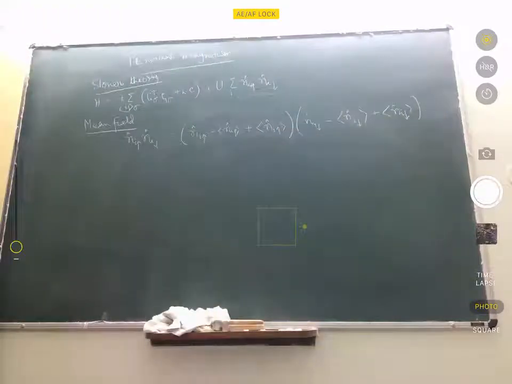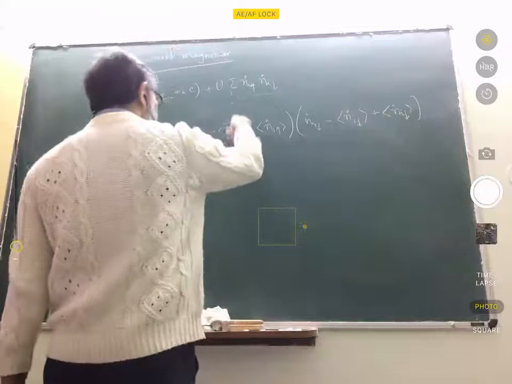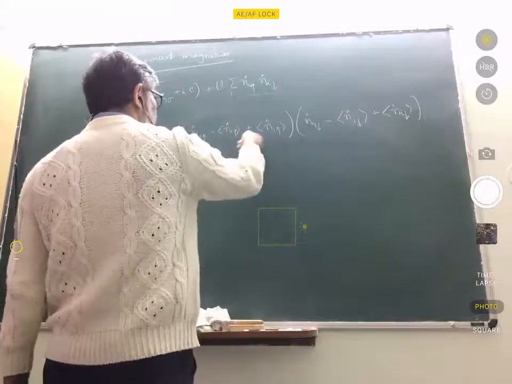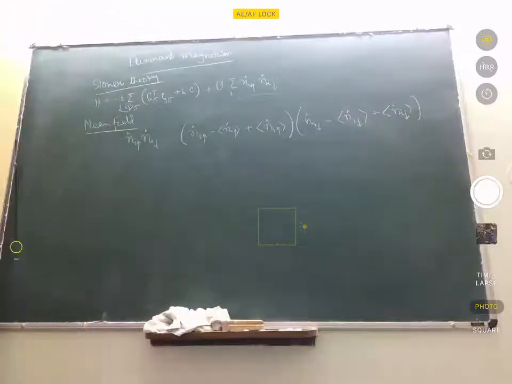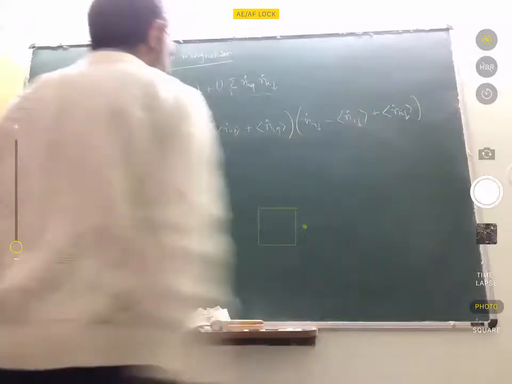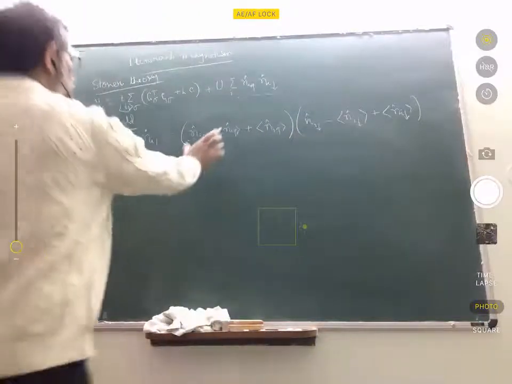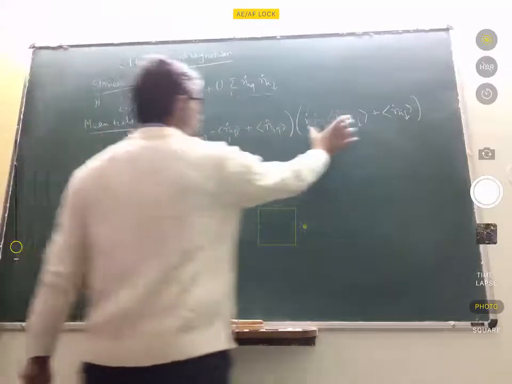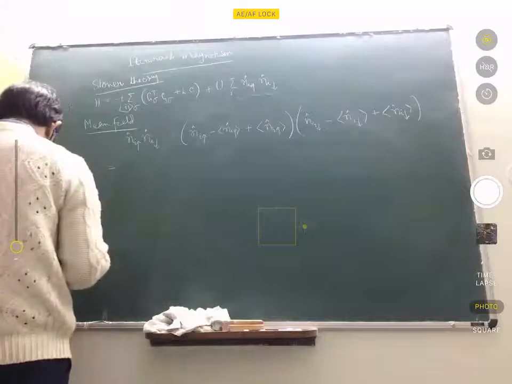So we haven't done anything. We have just added and subtracted the same things. So this is the expectation value, so these are just numbers. Expectation value of the upspin number operator, and similarly for the downspin number operator. So we'll treat this as a single object and write this in the following way.